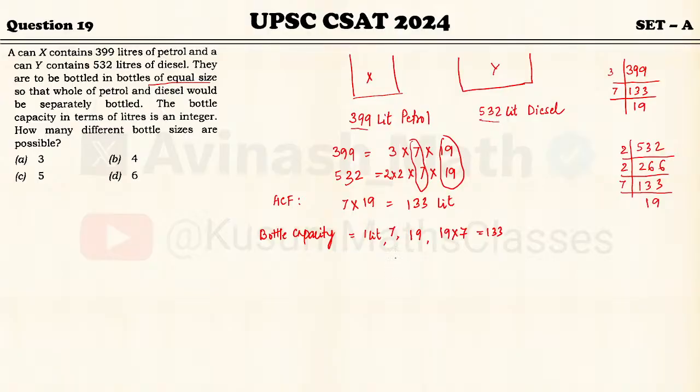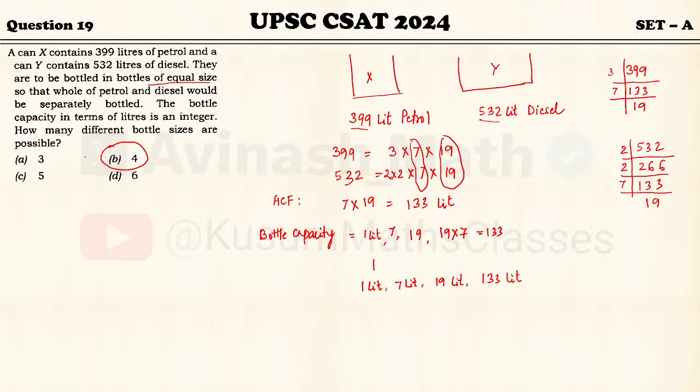So how many bottle sizes are there? This is 1 liter, then 7 liter, then 19 liter, and then 133 liter. So how many different sizes are possible? This is 4. Could you get it?